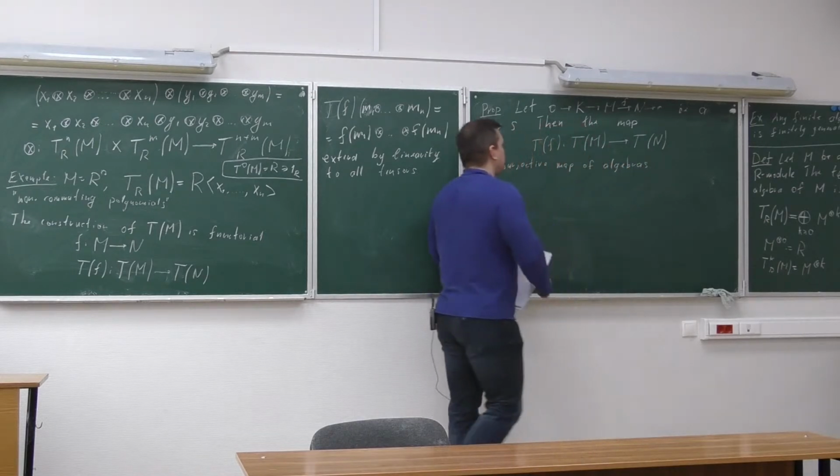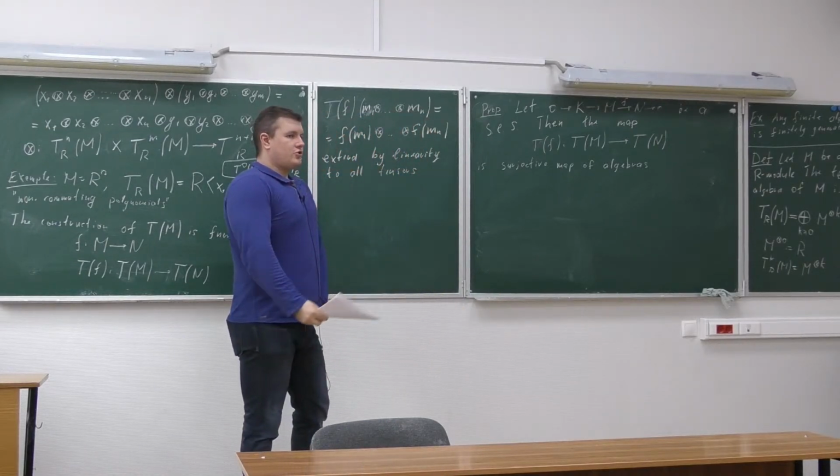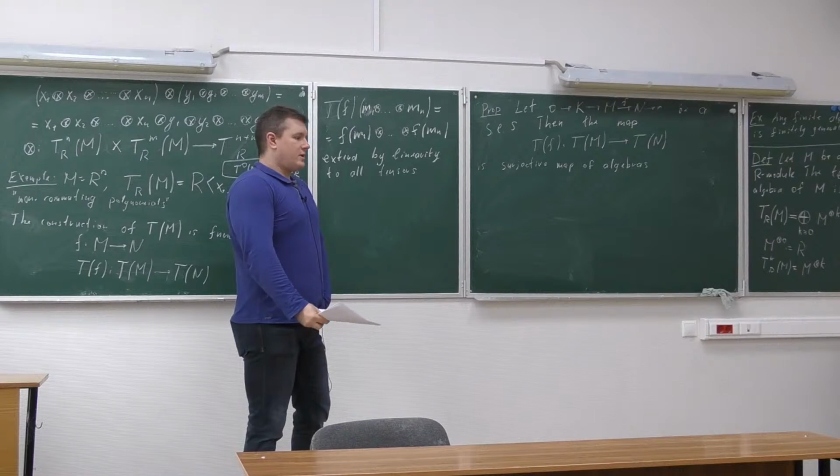Well, I haven't said what a map of algebras is, but I think the definition is quite clear. It's just a map of associative rings, which is also a map of R modules.